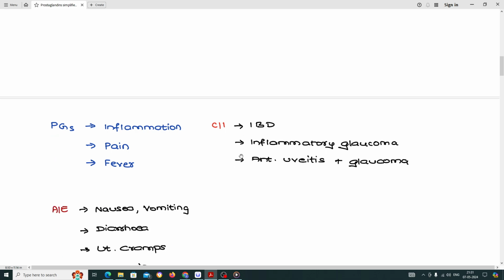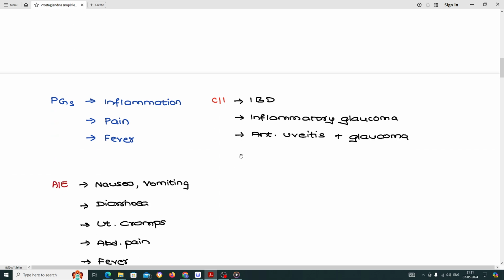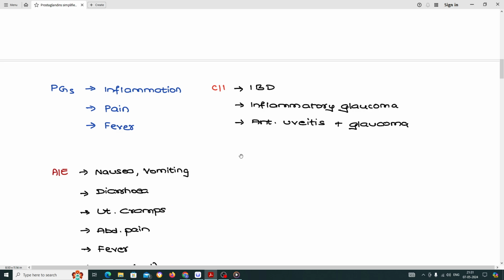So next, coming to the prostaglandins, basically the prostaglandins are involved in the inflammatory process, and these prostaglandins will be released mainly during painful conditions as well as during the fever. And the use of prostaglandins are contraindicated in case of inflammatory bowel disease as well as in case of inflammatory glaucoma, where there is an association of inflammation.